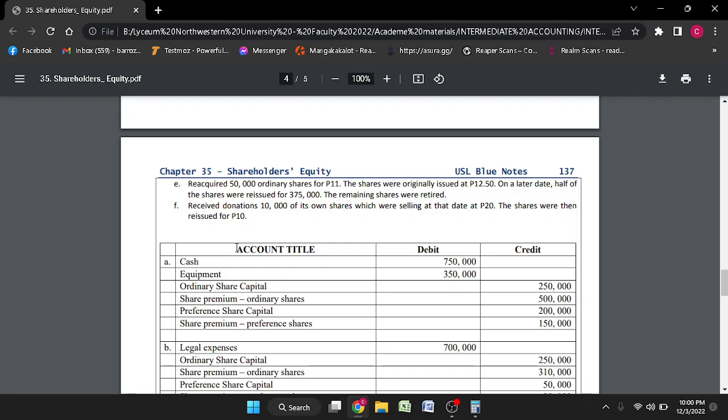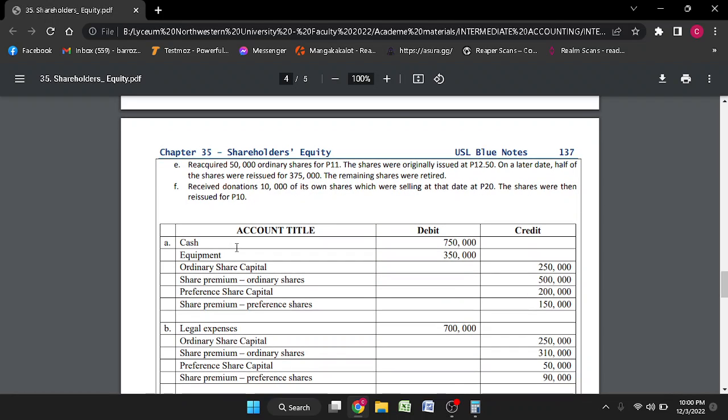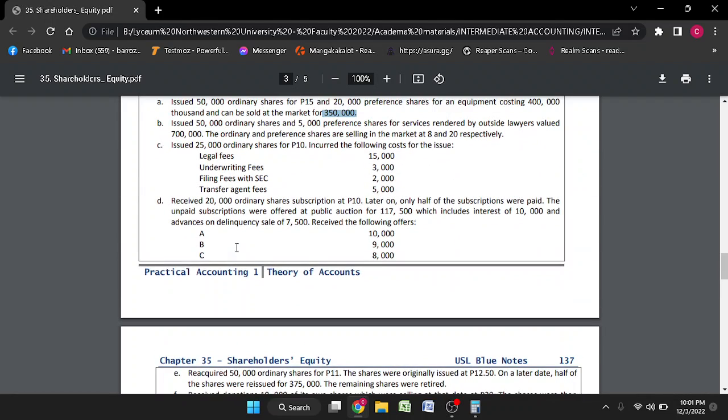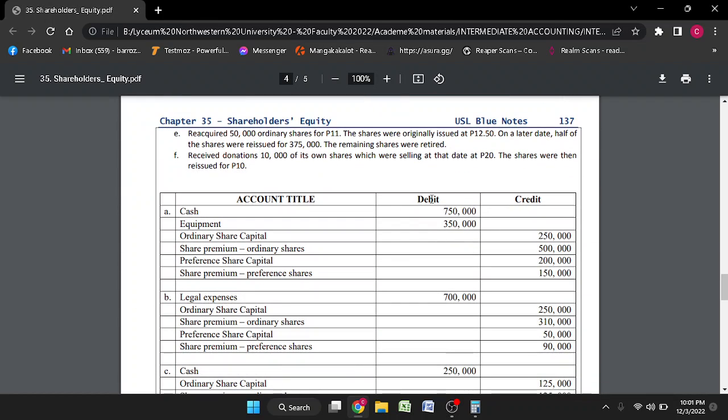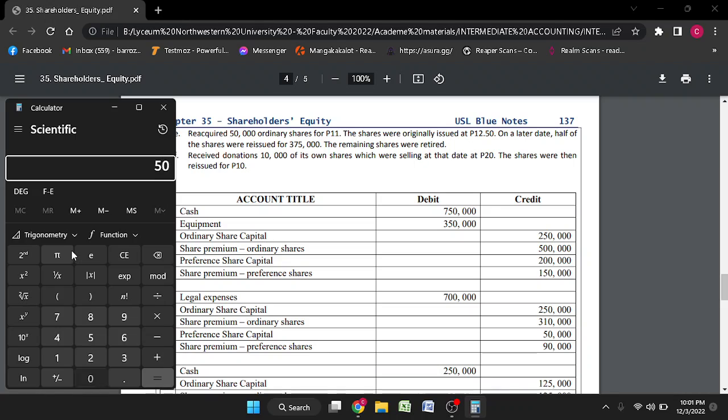So the 750 here was the price of the ordinary shares, 50,000 times 15 pesos.